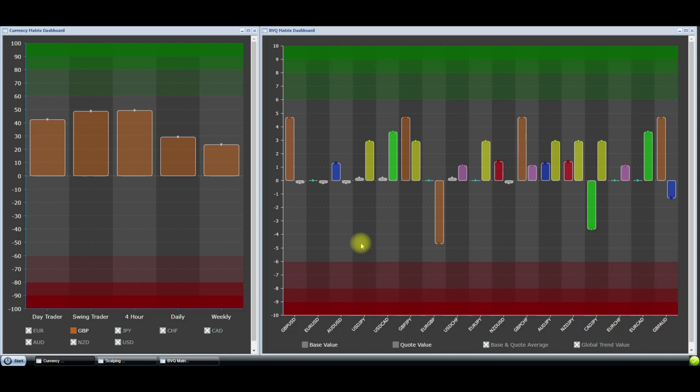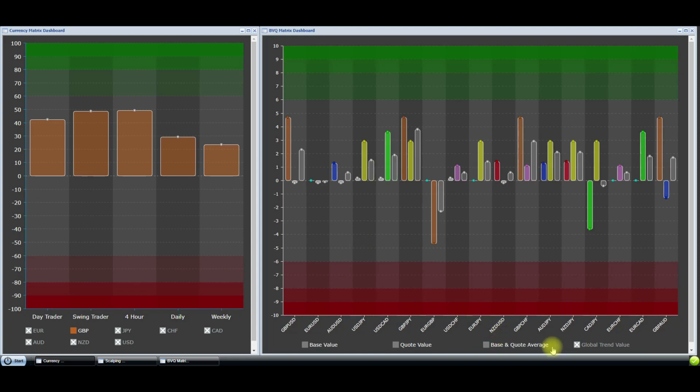Now people will say, well, how do I use this to find trades? And by the way, the gray line, when you check base and quote average, is just a direct average. So we take the base value and the quote value and we average it. There's no weight there or anything. It's just a direct average, because sometimes when you have an invert like this one right here, you've got the yen pushing to the upside, you've got the CAD weak, and what's the overall bias on this currency pair?